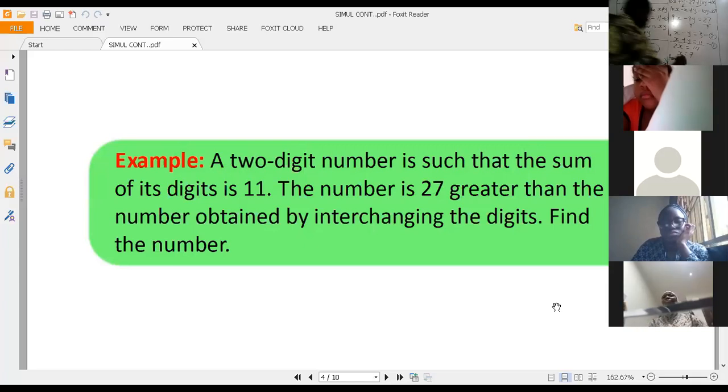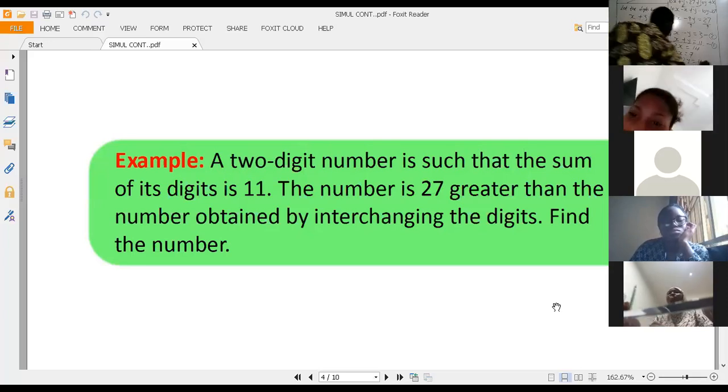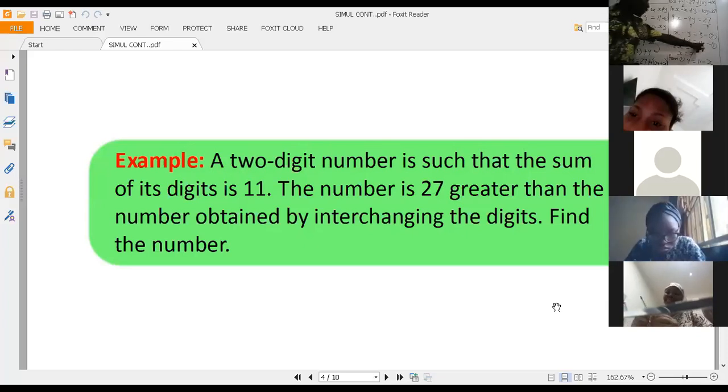From equation 1, we realize that y is equal to 11 minus x, and x is given to be 7. You have your y to be 11 minus 7, and 11 minus 7 will give you 4.